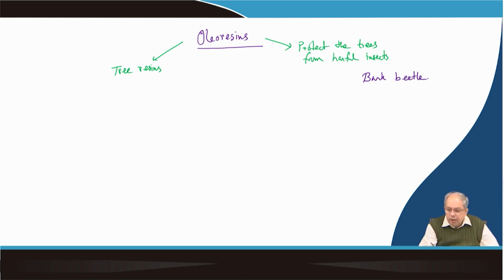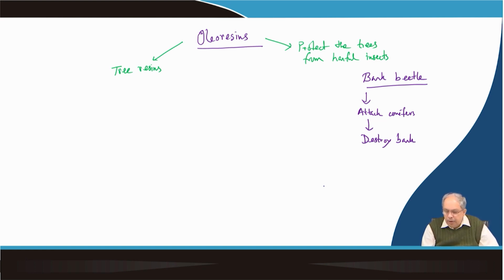These beetles attack particularly the conifers, and in the process they destroy the bark.